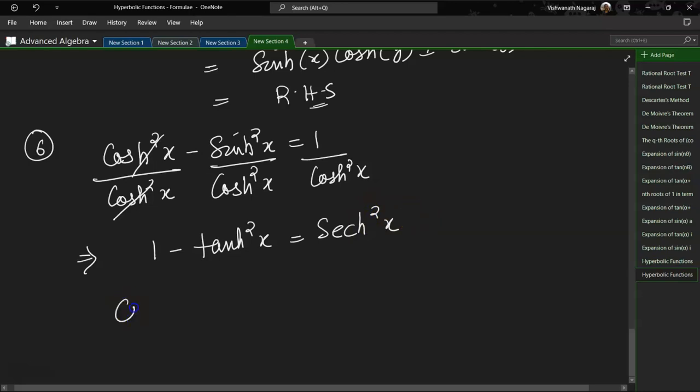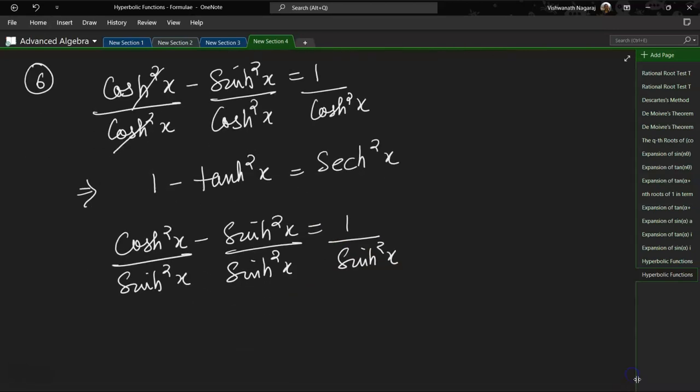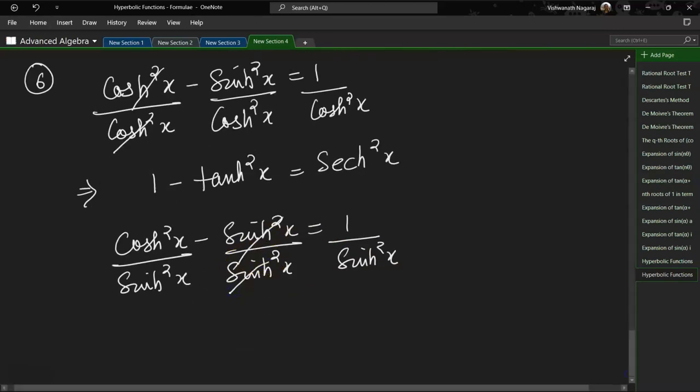Similarly, instead of dividing by cos square x, let's divide it by hyperbolic sine square x. So sine h square x divided by sine h square x, divided by sine h square x. What happens? This and this cancel.